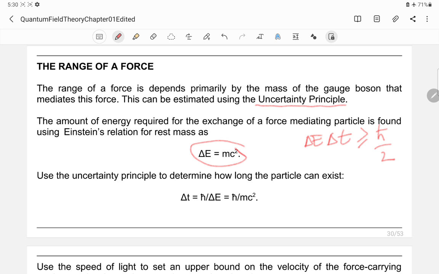So if you maximize the time, then you would get delta t equals h bar over mc squared. This is written here.